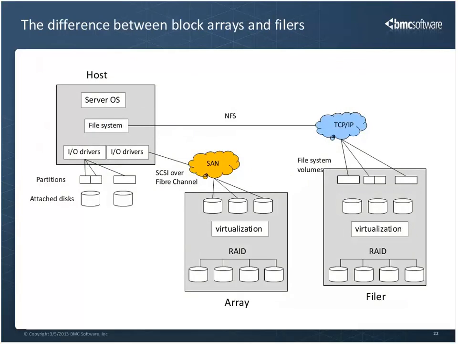So in a NetApp FAS array, there is a RAID subsystem, and there is virtualization on top of that, and there are volumes that are created from it. But the volumes created using the virtualization are file system volumes in the NetApp FAS array. So there is actually no native block array support.